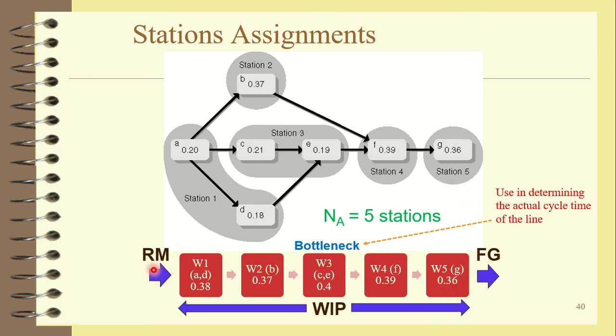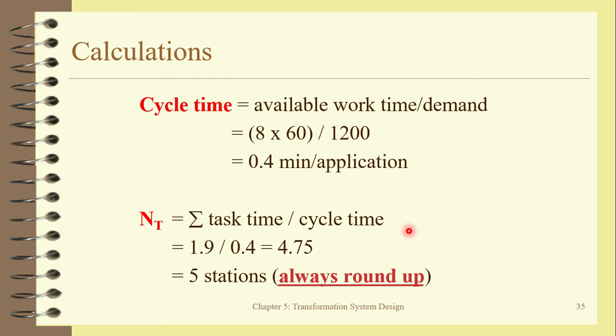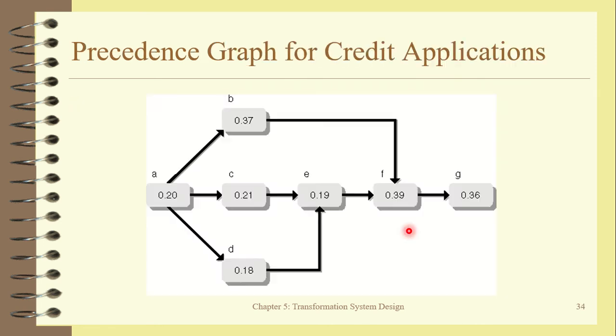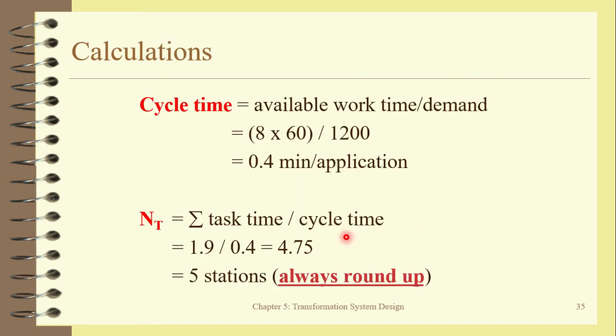Okay, so in this case you get 5 actual workstations, NA is equal to 5. If you remember the theoretical number of workstations that you have calculated previously, equal to 5, right?